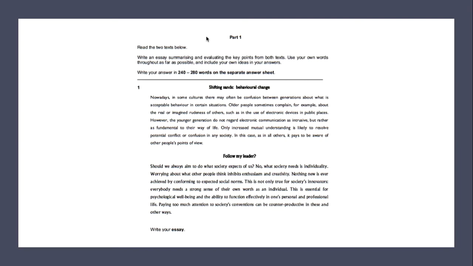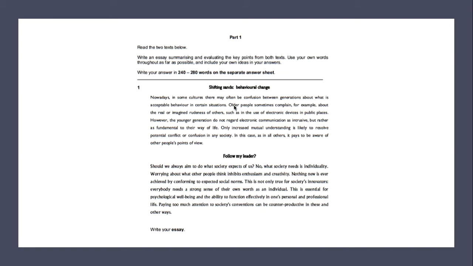Okay, so what does the text actually put forth in terms of the main points? The topic sentence reads, confusion between generations. What is acceptable behavior in public or in certain situations?